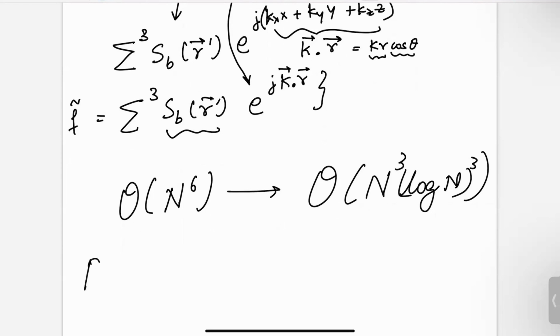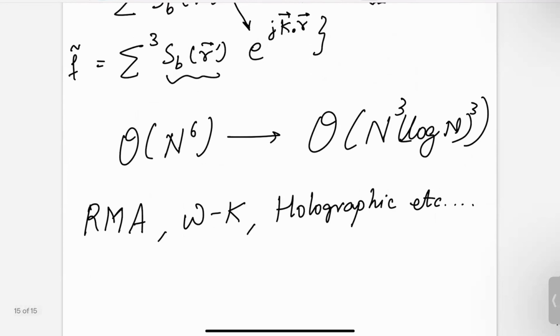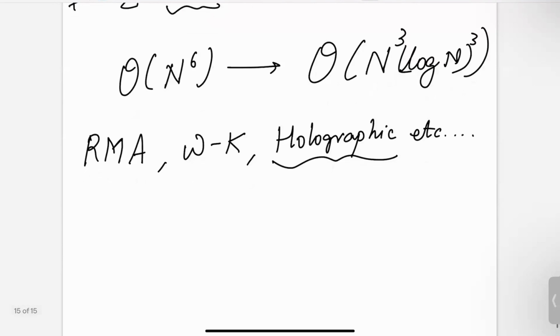And this is the basis behind algorithms like range migration, frequency domain omega-k, holographic reconstruction, etc., etc. All of them are essentially the same thing, again, with different names, because different people came up with it, I guess, in different applications, but they're all the same. And I have even done some work in time domain holographic reconstruction for FMCW 3D imaging, and I'll present that in a subsequent video.